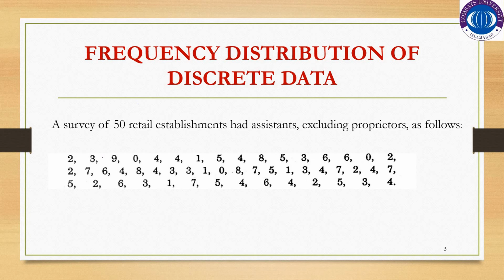When the dataset is discrete, it means the value of variable cannot be in decimal. It must be in integers. So class boundaries and class intervals are not useful in that case.